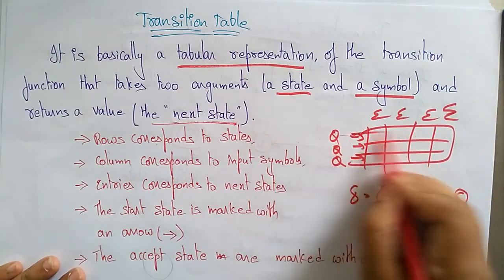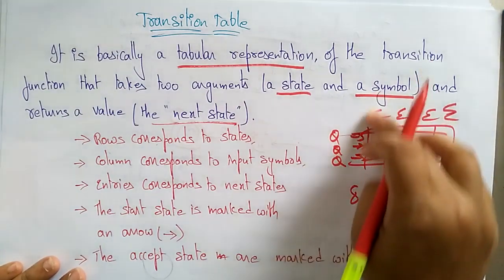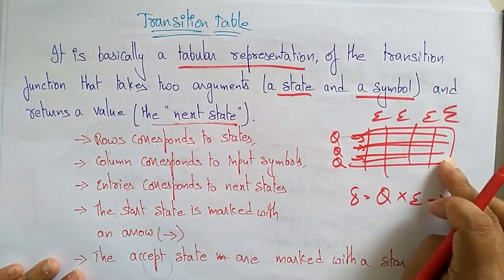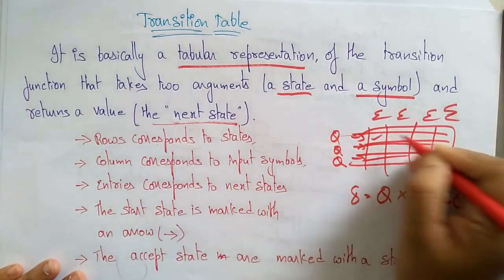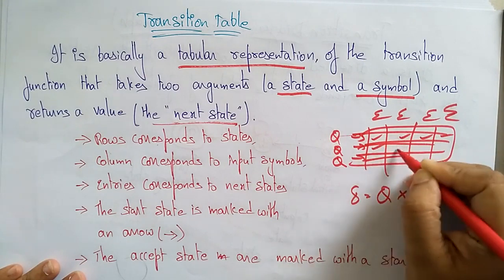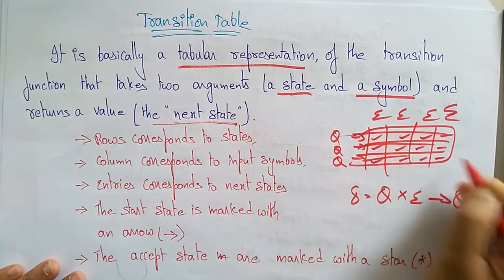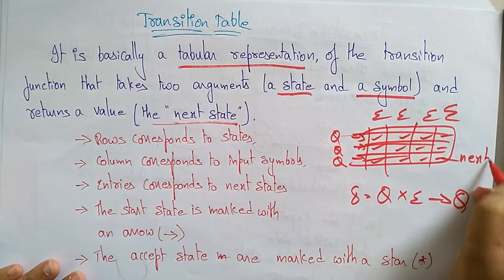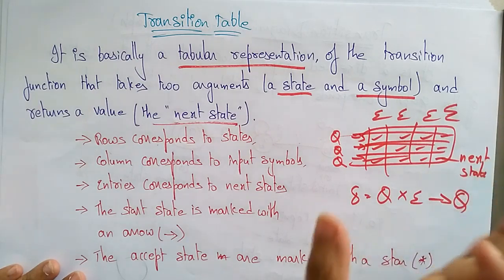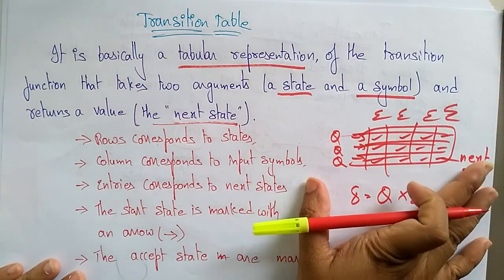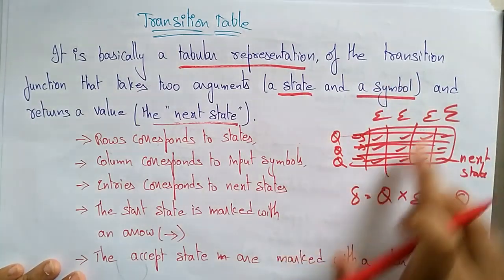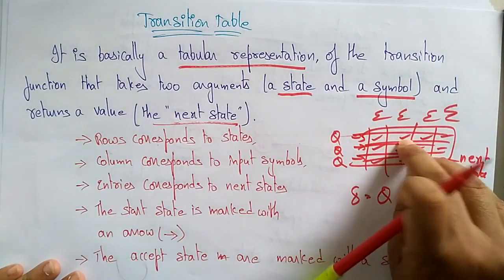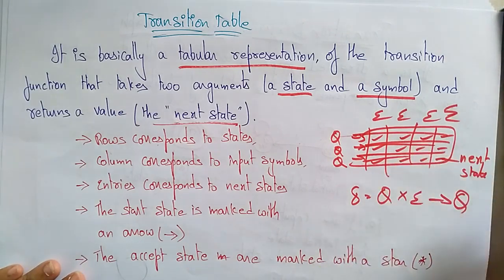Rows represent the states and columns represent the input symbols, and the entries represent the next state. Remember that whenever you write the table, rows represent states, columns represent input symbols, and the entries should be the next state.